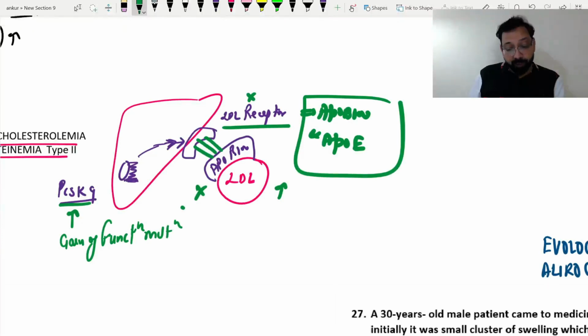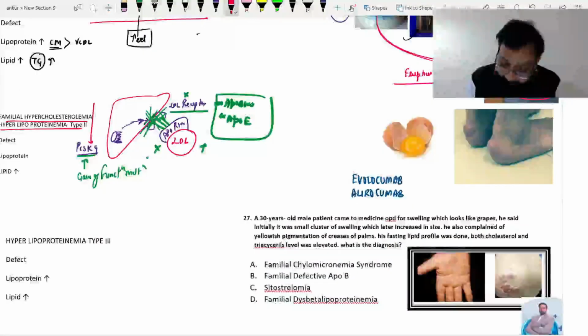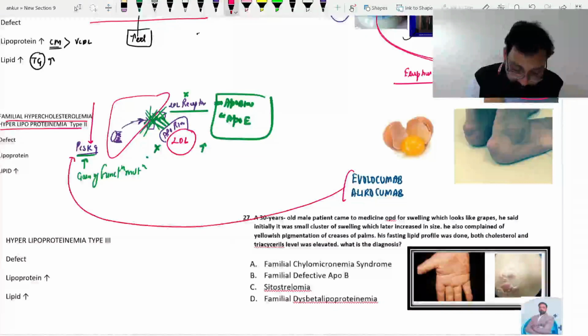If there is a gain of function mutation, the LDL receptor will be destroyed. When all LDL receptors are destroyed, LDL will not be taken from blood. LDL will increase, causing cardiovascular disease. That's why we found that we can make antibodies against PCSK9 to control hypercholesterolemia, and the antibodies against this are evolocumab and alirocumab.